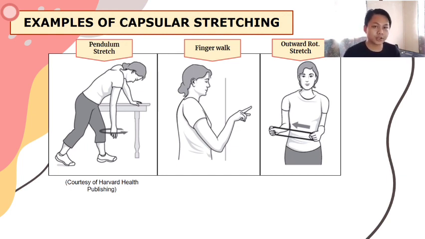This stretching can also, just like I explained before, increase the range of motion for the shoulder. It also promotes pain relief, and it is very good for a patient to perform these exercises because it is entirely dependent on the patient's dedication and determination.